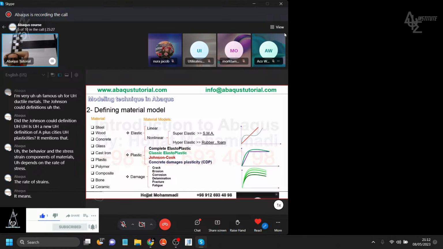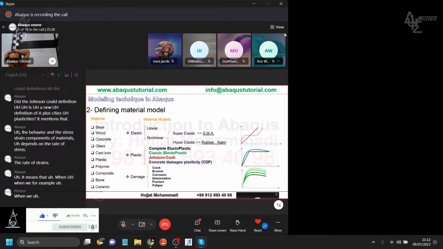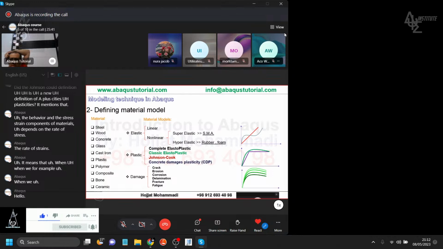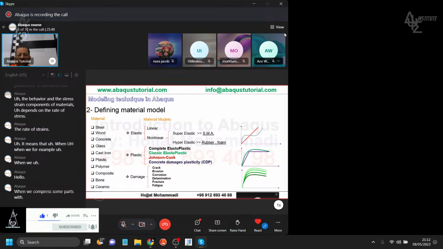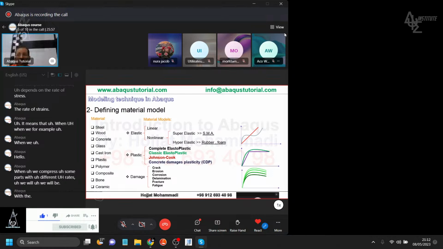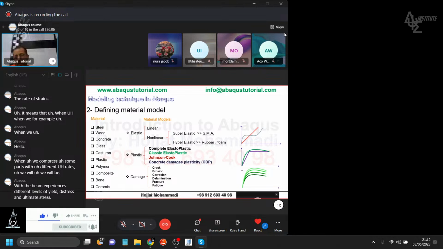It means that when we, for example, compress some parts with different rates, the beam experiences different levels of yield stress and ultimate stresses.